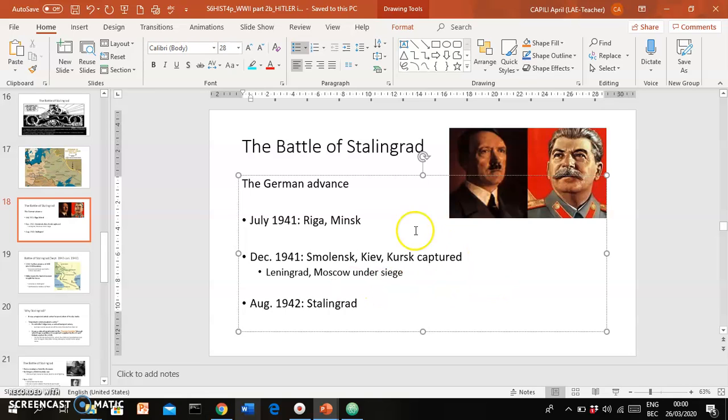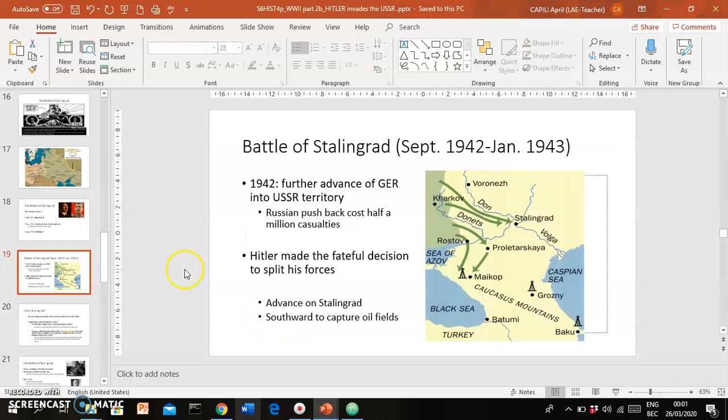The German advance would stall because of the winter, and then once they resume their advance, they would reach Stalingrad in 1942. The Battle of Stalingrad, as you can see here, is really a matter of the Germans advancing further into USSR territory.